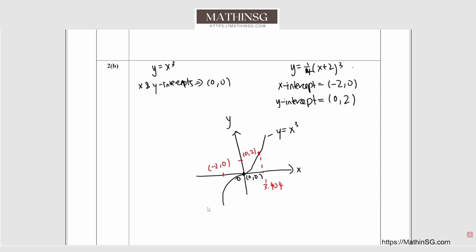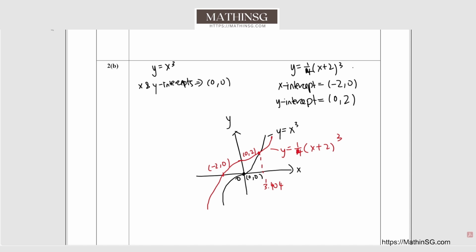Now let me sketch this. It looks something like this. Not too good. Let me redo it. This is the point of inflection, and this curve here is y equals 1/4 (x plus 2) cubed.